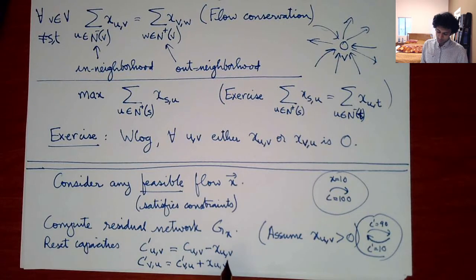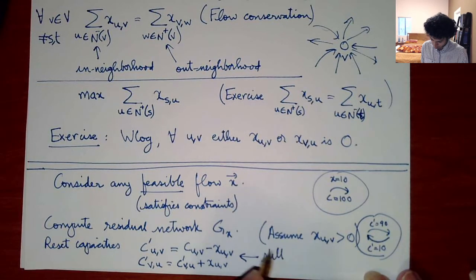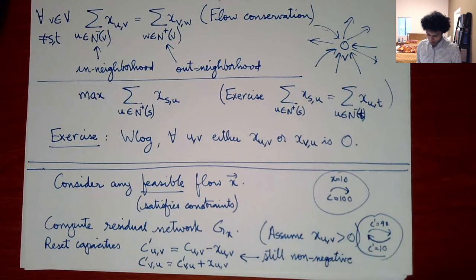Note that because this is feasible, the capacities are still non-negative. Can someone give a reason why? Why is it still going to be non-negative?